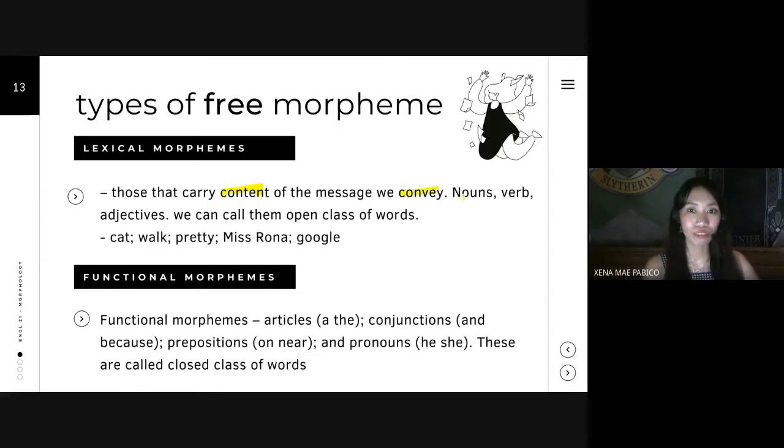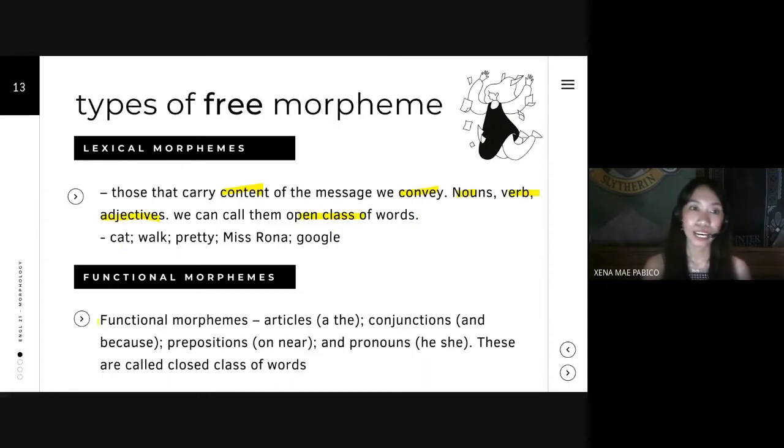Examples of these are nouns, verbs, and adjectives, and because we can add new words or neologisms, lexical morphemes are called open class. That's why they are called open class.